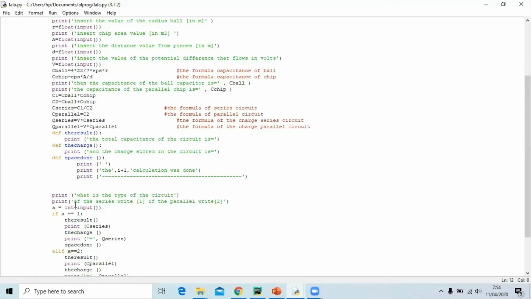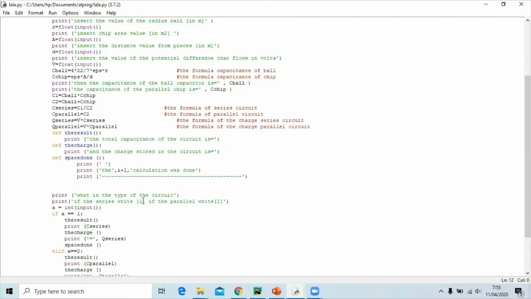If you want to use string, maybe you can write if the series write series, if the parallel write parallel, not 2 or 1, because the series is just for the alphabet.